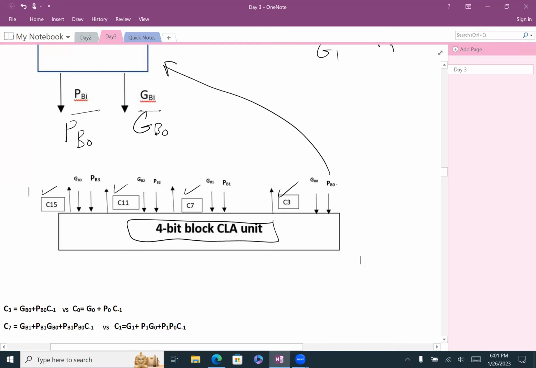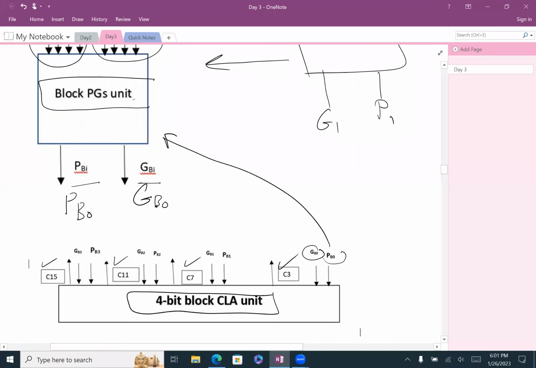Okay, so you will have PB0 and GB0. I'm sorry, this block, that's going to be PB0 and GB0. Same thing here. What you need? GB1 and PB1.